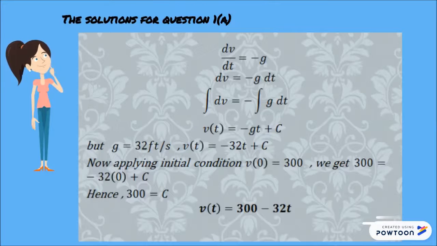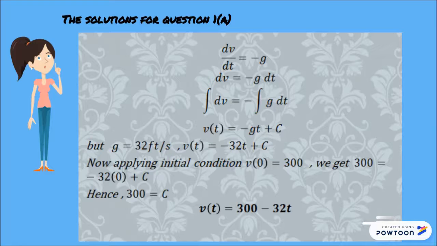So this is the solution for question number 1a. dv over dt equals negative g, dv equals negative g dt, integral dv equals negative integral g dt, v(t) equals negative gt plus c.